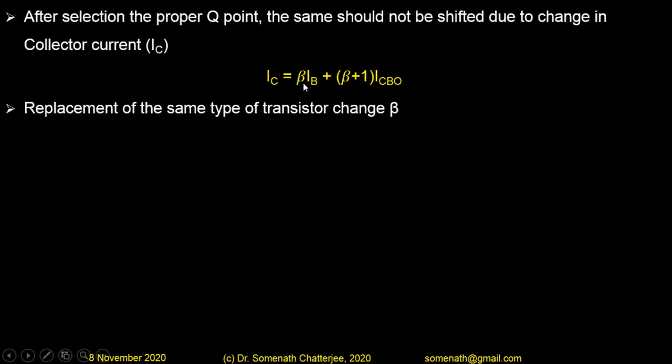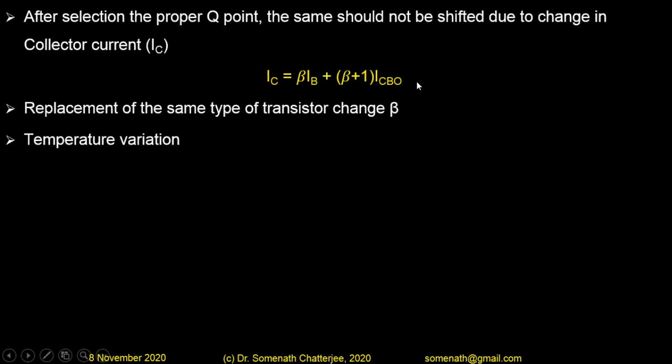And beta is the current gain. Suppose in a circuit board a transistor develops some problem. Then we have to replace that transistor, and due to the replacement, beta may change. That is another thing. If beta changes, then IC will change, because beta is related to IC.